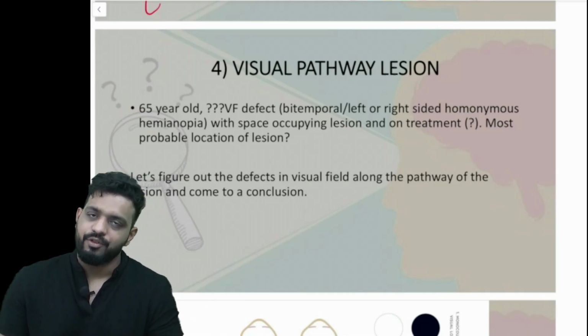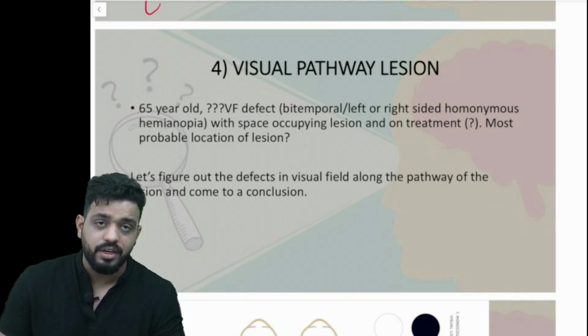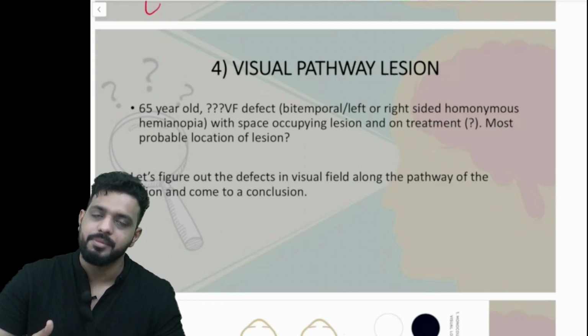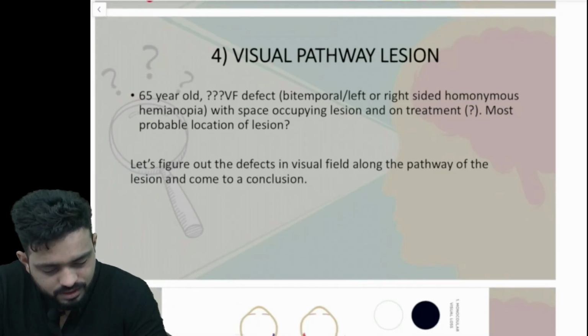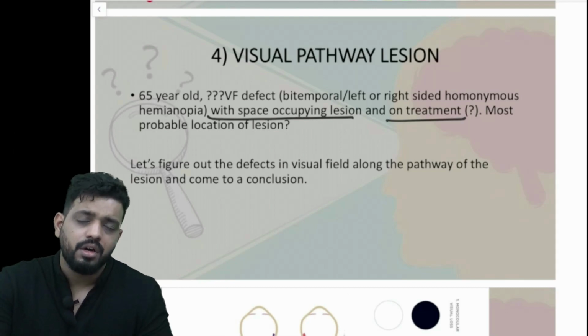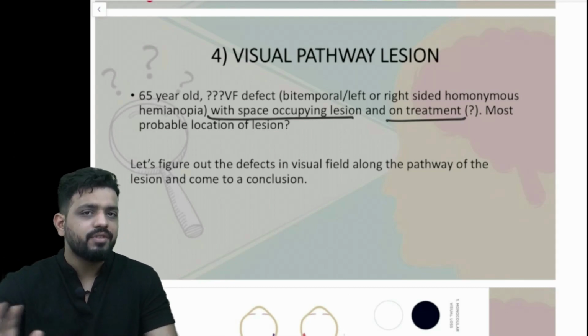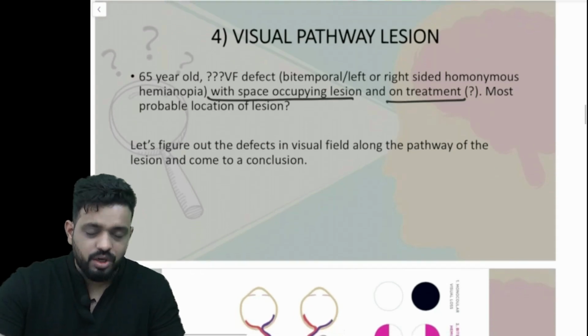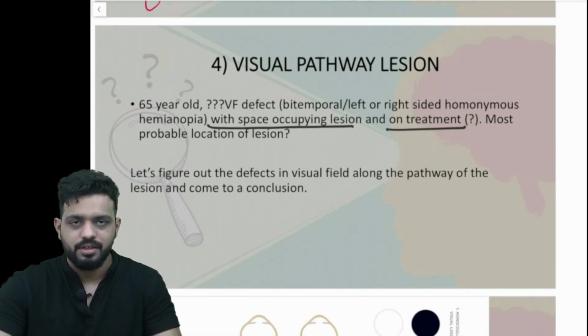If it is a left or right-sided loss, we call this right or left homonymous hemianopia respectively. There was a space occupying lesion and he was on treatment, the details of which are not known. If any one of you remember, please put it in the comment box, we'll discuss it ahead. And what was asked was the most probable location of the lesion.